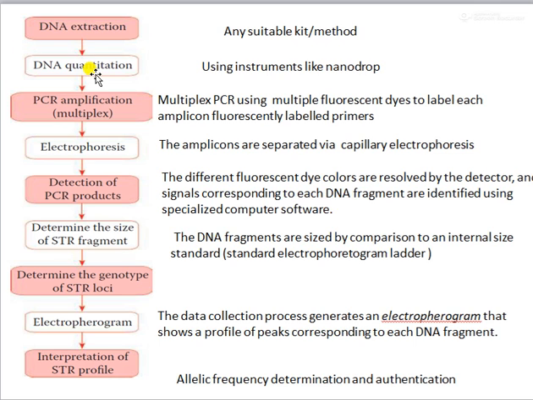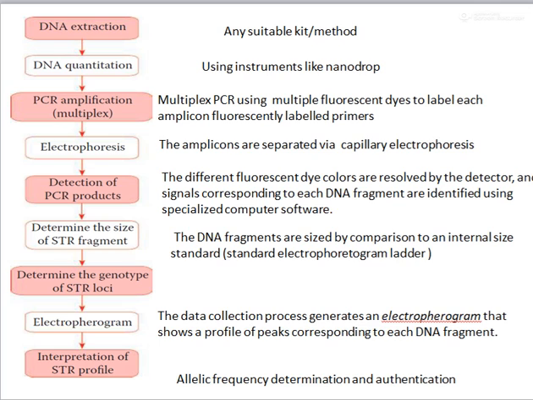Any suitable kit or method can be used for DNA extraction. And like every PCR technique, before the PCR is carried out, we check the quantity of the DNA using instruments such as a NanoDrop, or sometimes even a spectrophotometer can be used for the detection of the DNA quantity. Then we carry out the PCR amplification.